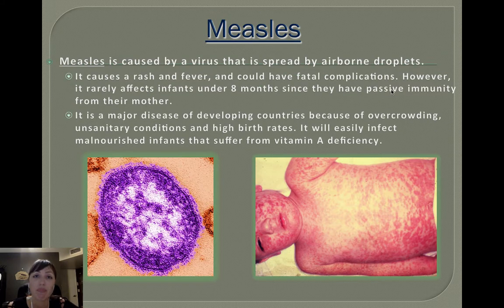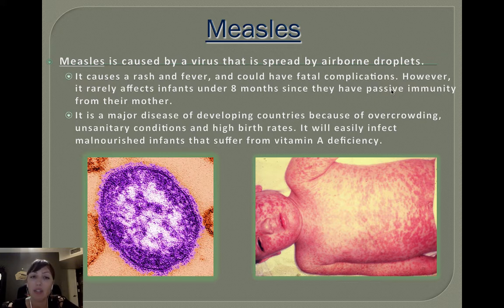Okay, measles. Measles is caused by a virus that is spread by airborne droplets. And it causes a rash and a fever, and it potentially has fatal complications. However, it rarely affects infants under 8 months because they have that passive immunity from their mother. So it is a major disease of developing countries because of overcrowding and unsanitary conditions.